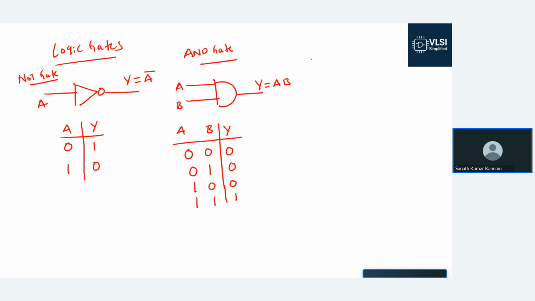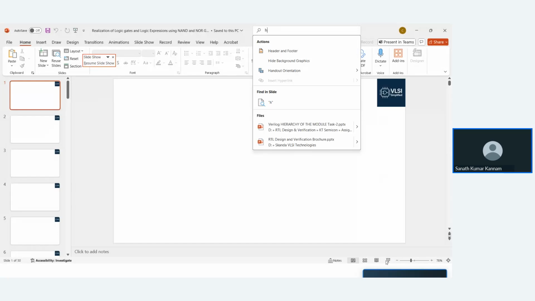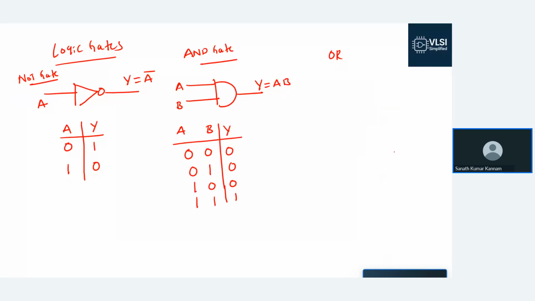And next, if you see the OR gate, this is the symbol for the OR gate. A, B, and Y equal to what?